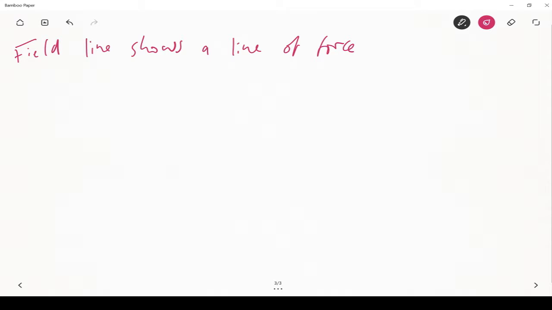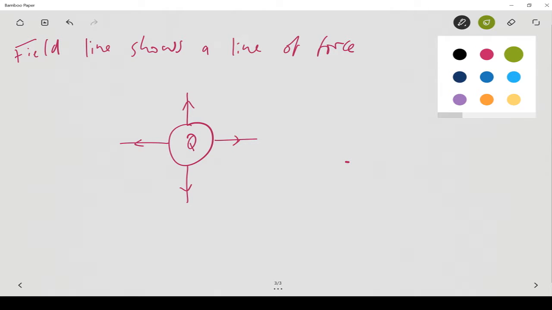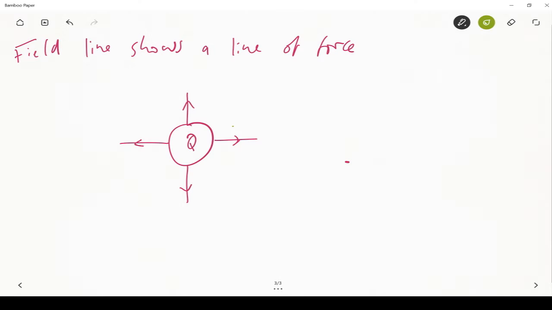So, I'm going to start off with a charge here. Again, going to label it Q. And line of force. Now you need to think line of force per positive charge. So if you imagine that I put a tiny charge here, this is not an electron, this is a positive charge.